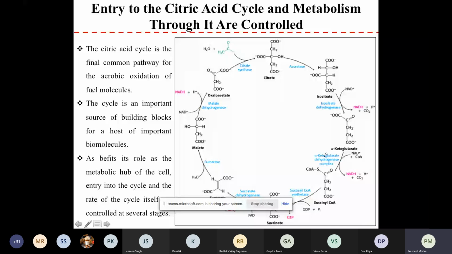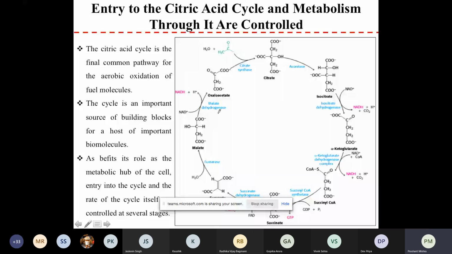Here again another NADH molecule is formed, and one CO2 is released. So these two steps you see are dehydrogenation and decarboxylation reactions, which we have already talked about. Then the third step where NADH is produced is malate dehydrogenase. So you see there are three steps where NADH is produced.